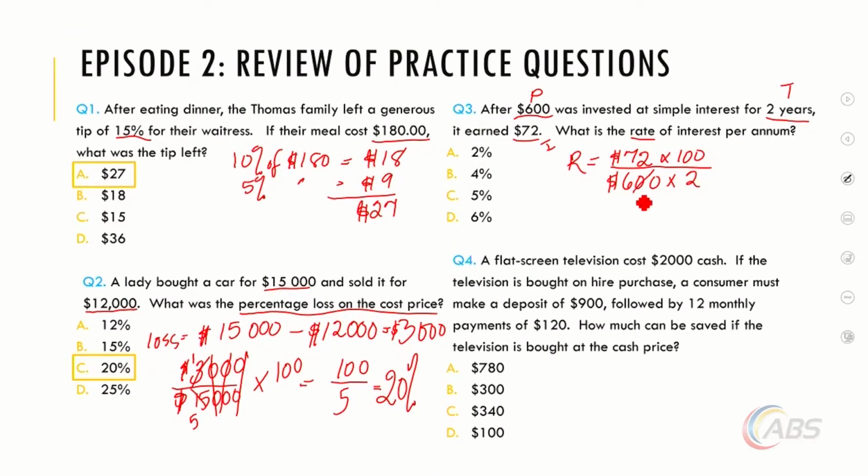So our zeros cancel each other there, and we end up with, well, we could even go further, but let's just use what we have here, $72 over 2, and we do that division. So 6 times 2 is 12. All right, so 12 into 72, and we end up with 6%.